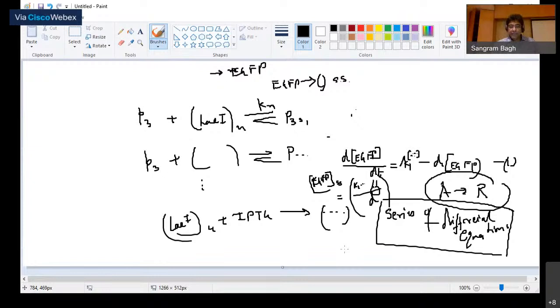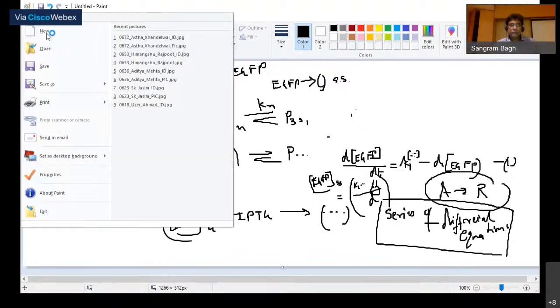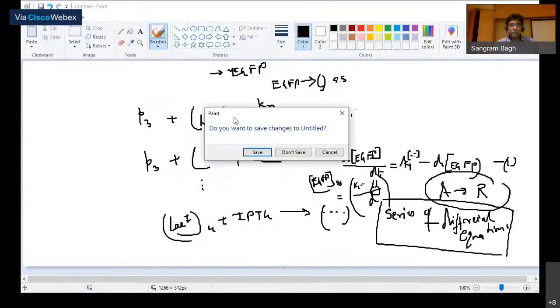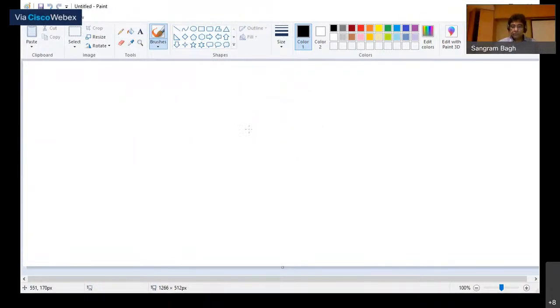And what you will see is that this EGFP is going to increase. It could increase in many different ways, and at some point it is going to plateau.